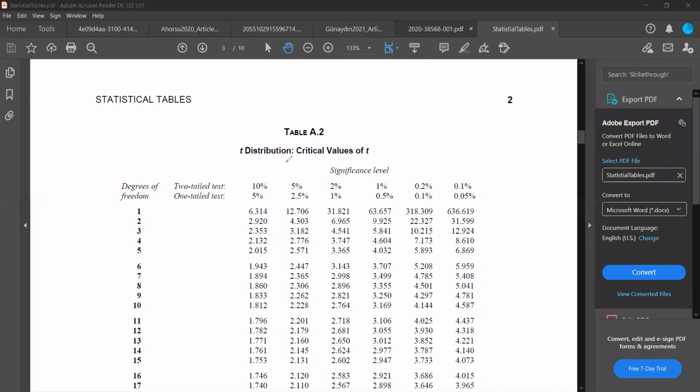Okay, so we know that our degree of freedom is 15, and our hypothesis is two-tailed, meaning it is non-directional. So it means we are supposed to read our information here.